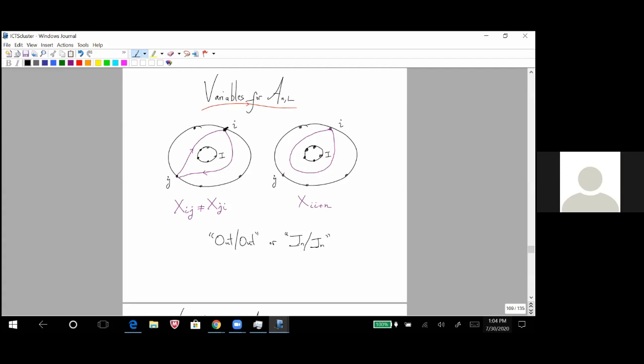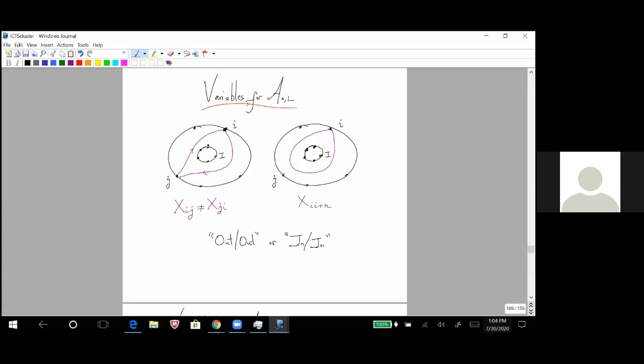Note again, x_ij is not the same as x_ji because they can go around the annulus in two different ways. And also, I have what I can think of as a self loop, x_ii. In general, I'll have x_ii, or I'll call it x_{i,i+n}, which is just that self loop.